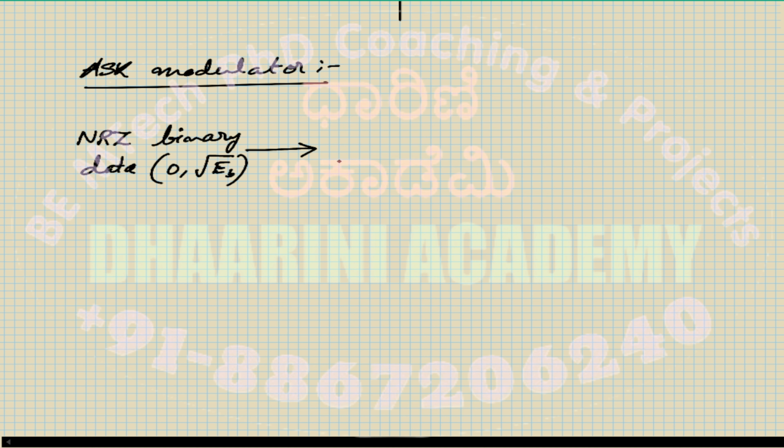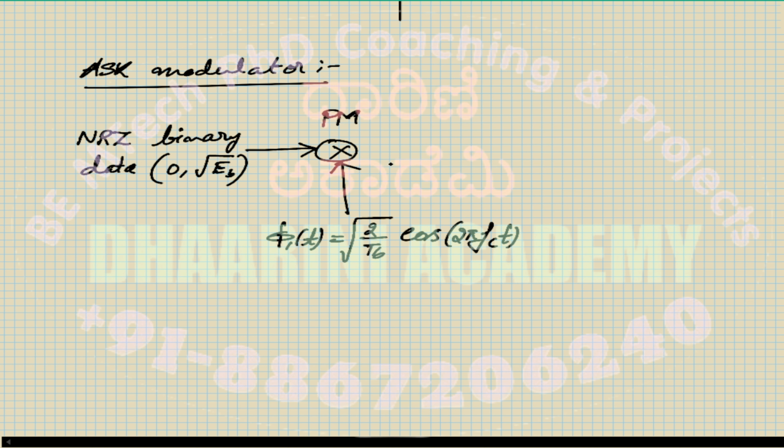We are giving this message signal to a product modulator, right? The product modulator will simply multiply the incoming signal with phi 1 of t. So that phi 1 of t is root of 2 by Tb into cos of 2 pi fc t. Right. So what is this? This is the PM. I'll write PM, indicating that it's a product modulator. Directly, it generates the s of t. Correct.